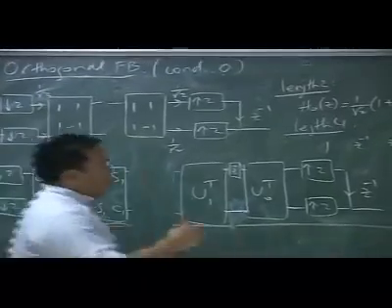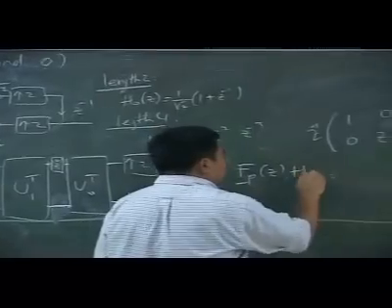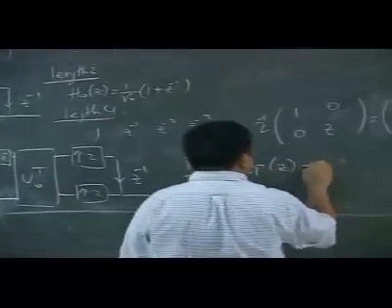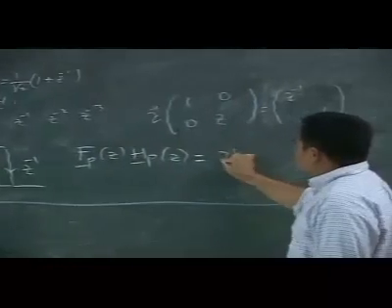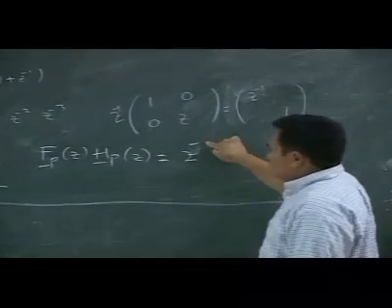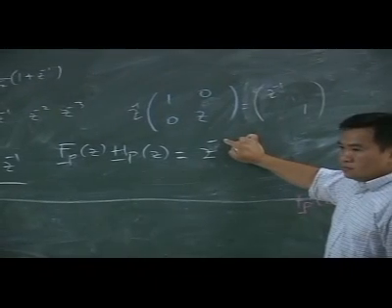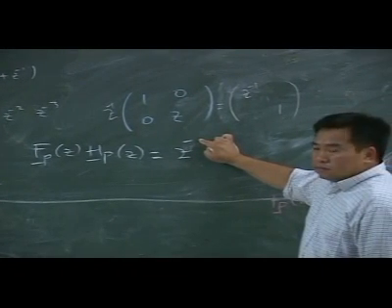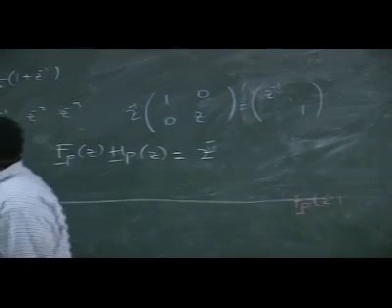And what is FP of Z? FP of Z for this example. Z to the negative 1. What is L hat? For this example, I have a Z inverse here, Z inverse there.